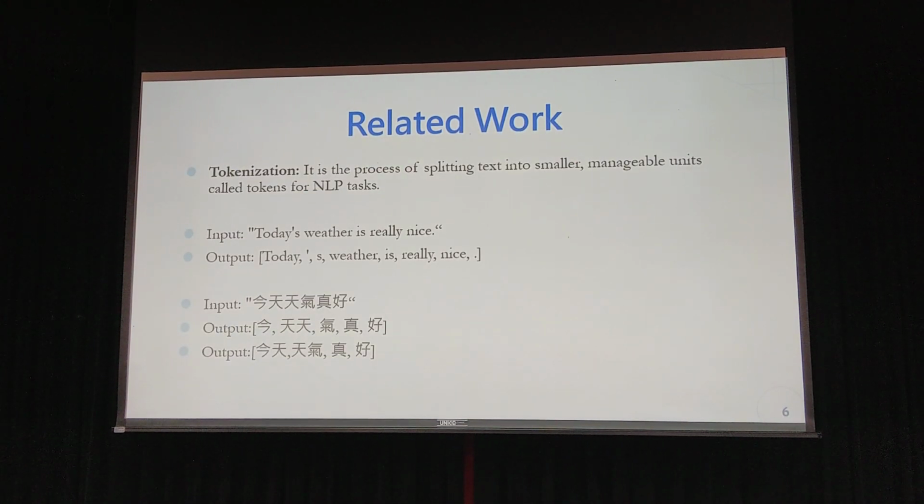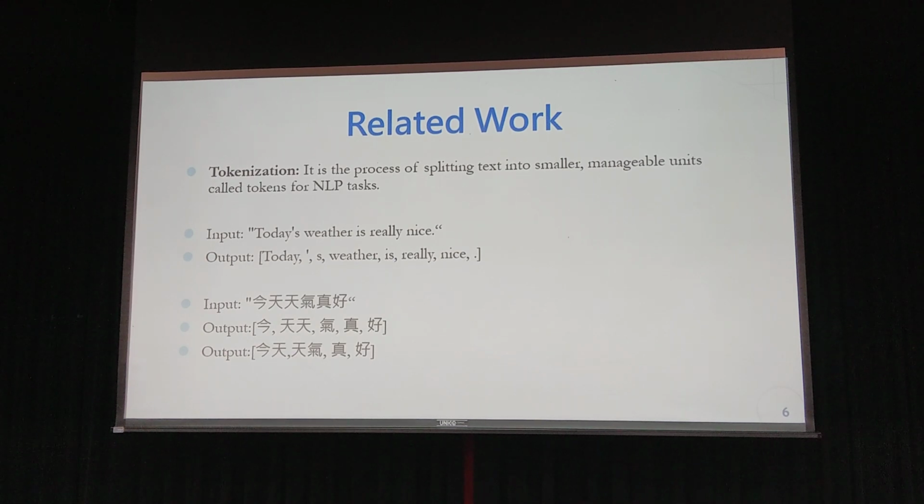The first thing is tokenization. Tokenization is the first step, where the user's input sentence is segmented into smaller units, which we call tokens. Tokens are the basic unit in the NLP field.